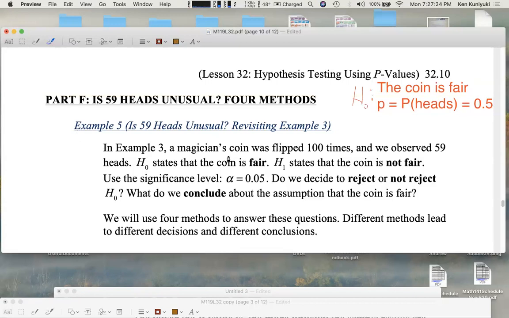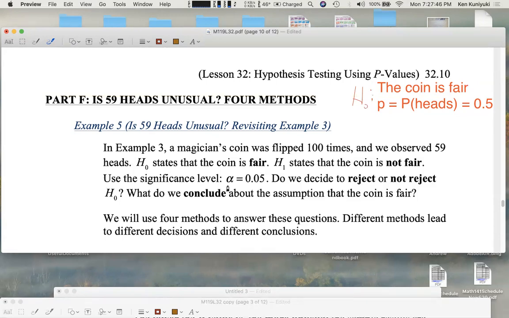In example 3, a magician's coin was flipped 100 times, and we observed 59 heads. The null hypothesis states that the coin is fair. Let's say that's David's claim: my coin is fair. The alternative hypothesis, H sub 1, states that the coin is not fair. These are complements.